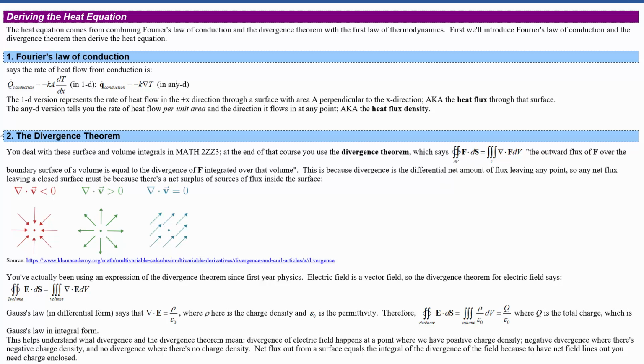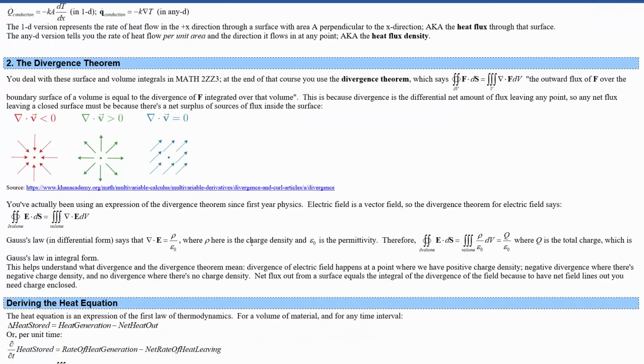And that's the net flux out of the volume, right? Net flux out of the volume's bounding surface, del V there. So that's what the divergence theorem is talking about. You've been using this in Gauss's law, right?